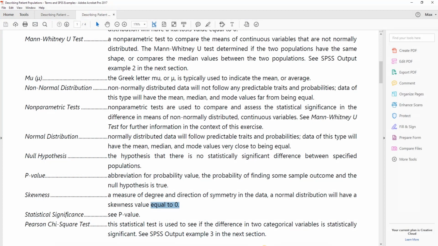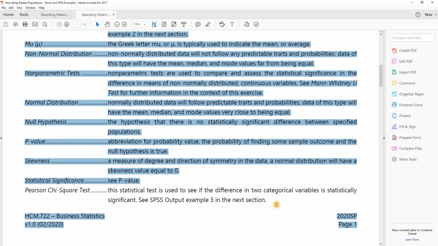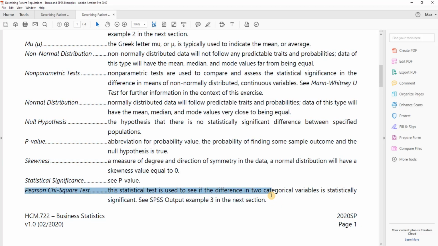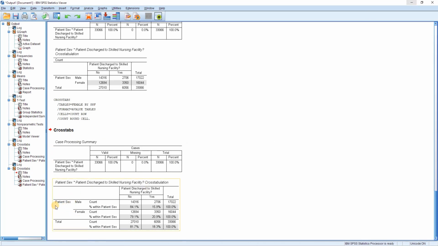Let's flip over to here. The Pearson chi-square test is used to see if there is a significant difference between the frequency of two categorical variables. And as we have just done here, we are seeing that we have two categorical variables.